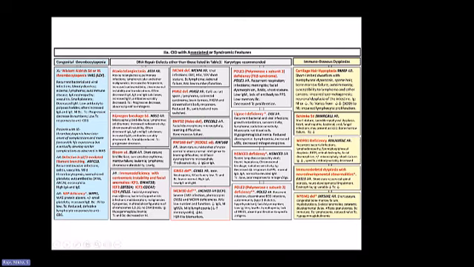Some of these defects here, Bloom syndrome, Nijmegen breakage syndrome, ataxia telangiectasia, or immunodeficiency with centromeric instability, so ICF1 or ICF2, 3, 4, all of these ICF defects, all of these have DNA repair defects and can have radiosensitivity.